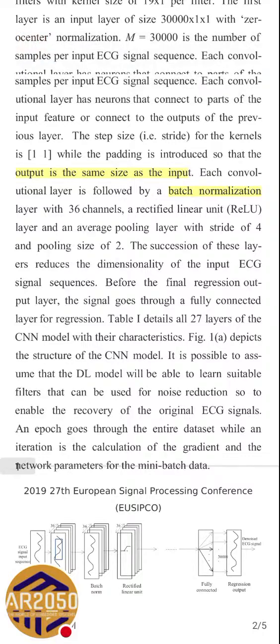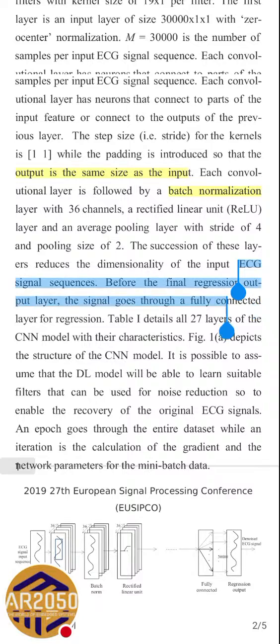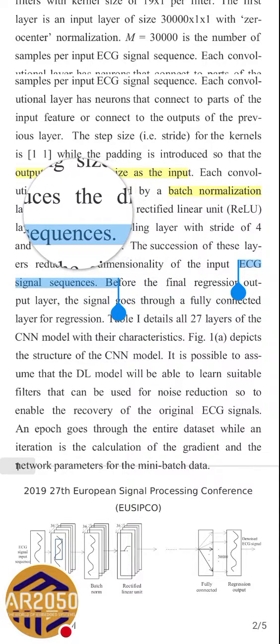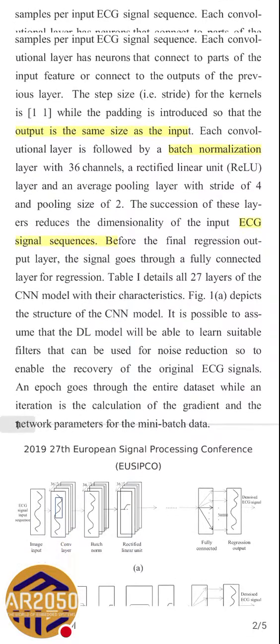The succession of these layers reduces the dimensionality of the input ECG signal sequence. So they try to reduce the ECG signal like this. Before the final regression output layer, the signal goes through a fully connected layer of regression.